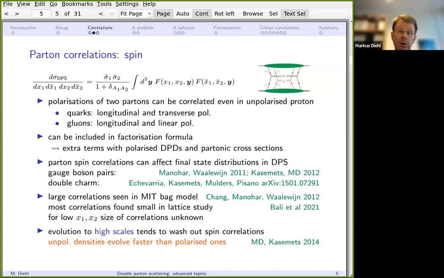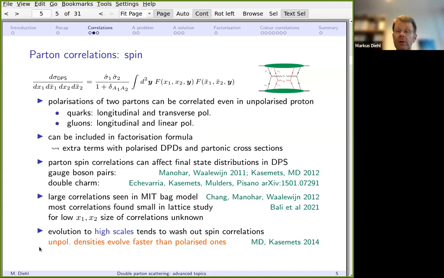So we really don't know. The one thing we know is that if you have some size of correlations at a low scale between the two parton spins, and you evolve the distributions with the DGLAP equations to a higher scale where your measurement takes place, then the correlations tend to be washed out. And that's easy to understand.